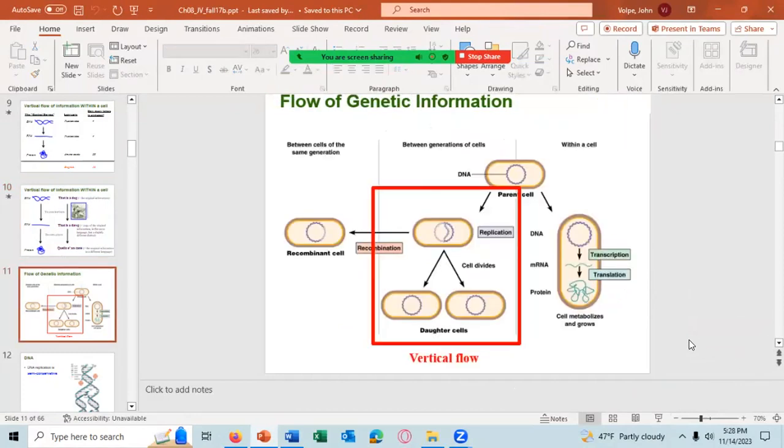All right, the flow of information can happen within a cell or between generations of cells. Between generations of cells is the vertical flow of information, where the information moves from a parent cell to the daughter cells. Or in humans, we could say that the flow of information moves from the DNA of the parents to the DNA of the offspring.